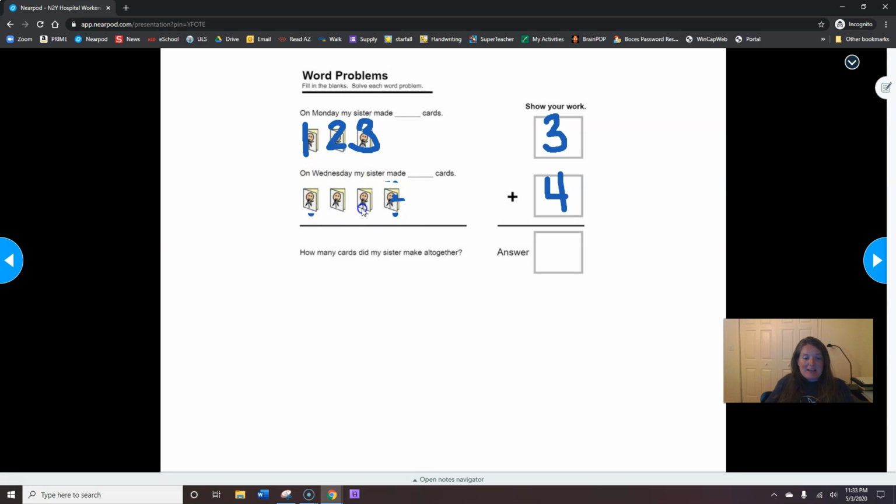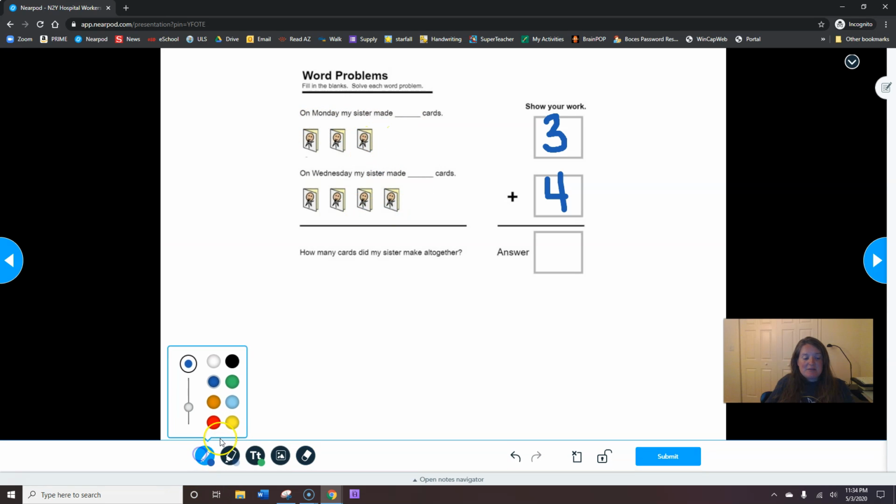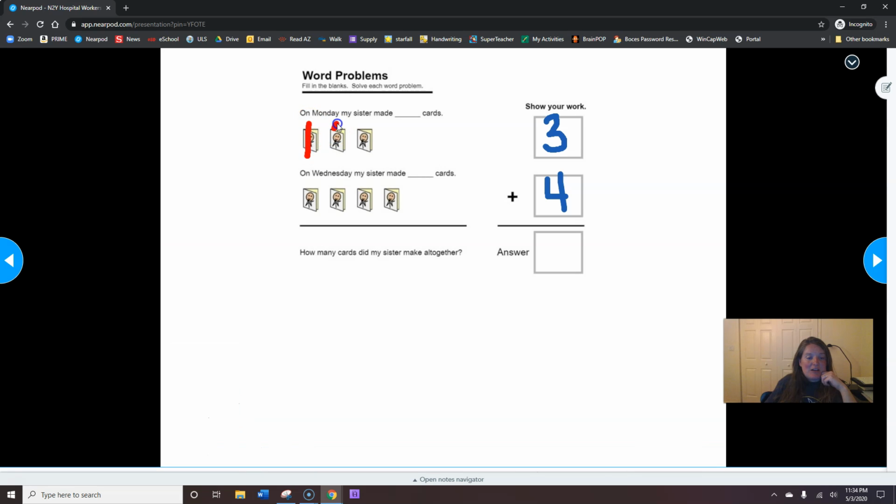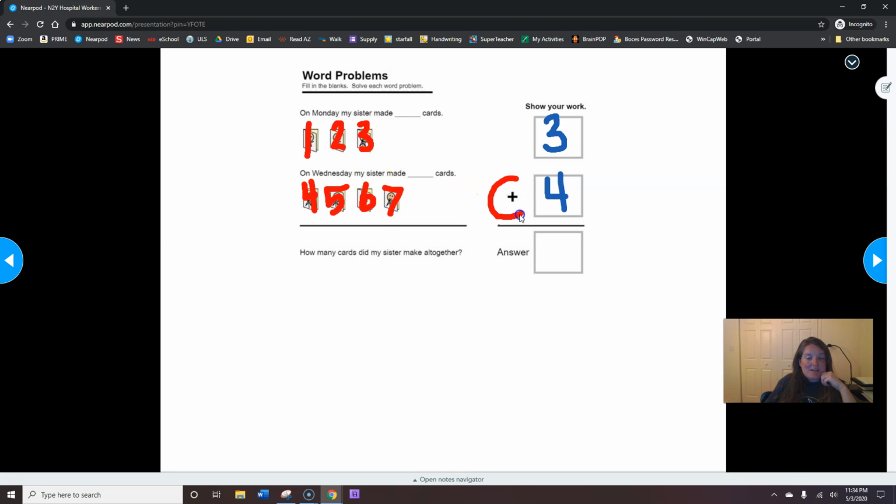Now, I could count items, or I could label all my pictures because I need to add. So you know I like labeling. So that's what I'm going to do. I'll switch to another color. Okay, I'm adding them together, so I'm putting them together. There's going to be more. So I'm going to label 1, 2, 3, 4, 5, 6, 7. I did that because I'm adding.